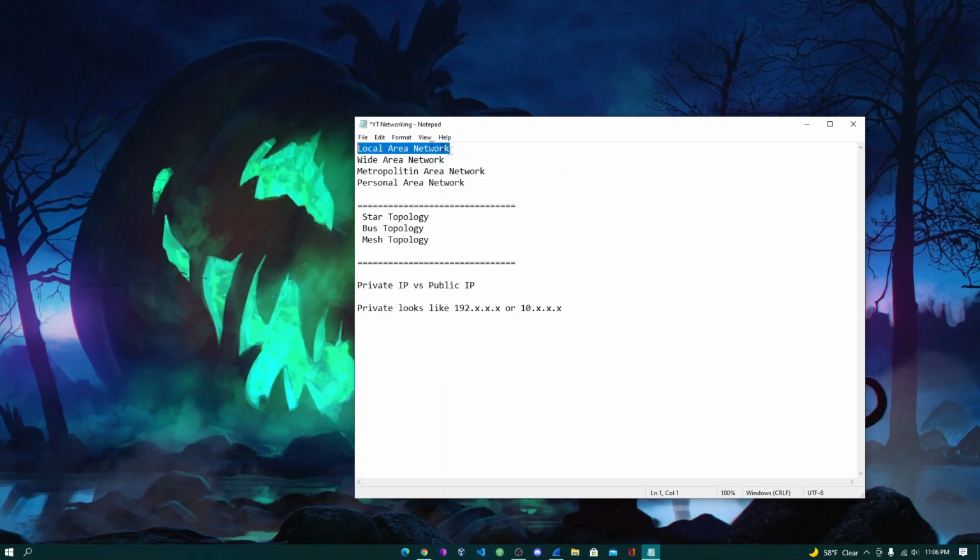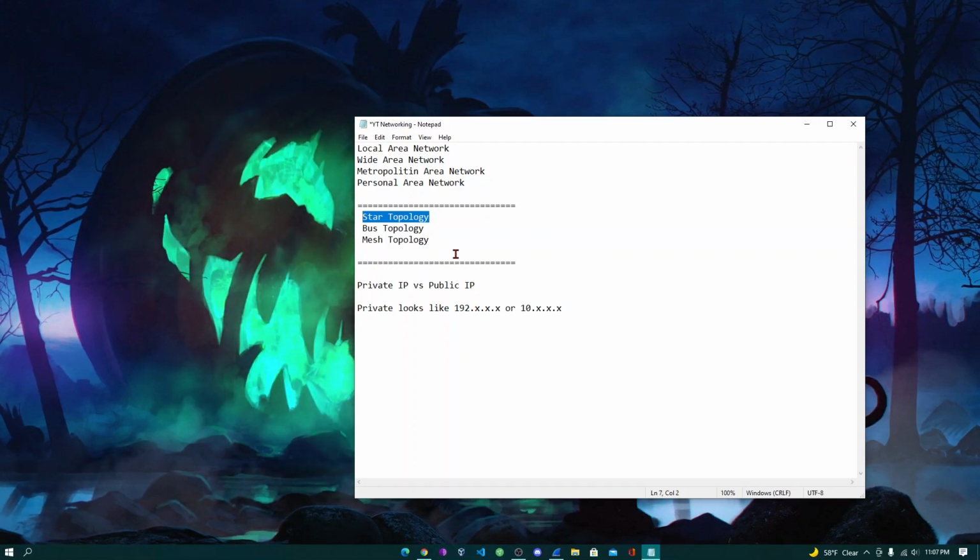Now, to understand the local area network, look up star topology, but I'm going to say that most likely you're using a star topology, which is the layout of the network. Okay, that's how the devices look on the network. You're most likely using a star topology on your local area network at home.